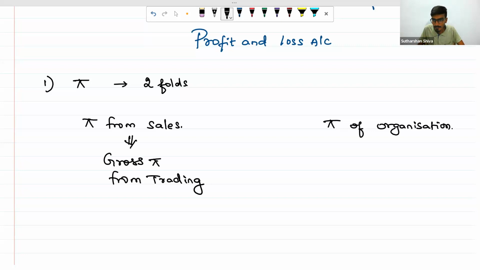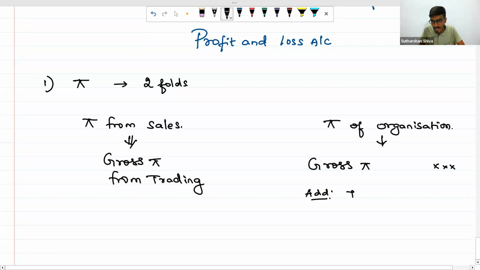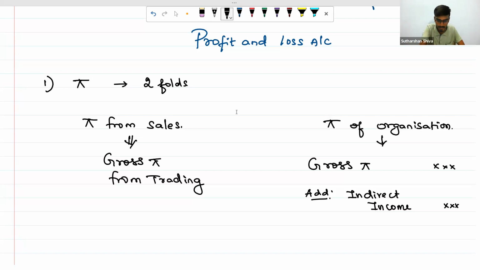Now, if I want to find out the profit for the organization, I will take the gross profit from my trading account and add the indirect incomes. What is the income apart from sales I have done? That income I will add to my profit.